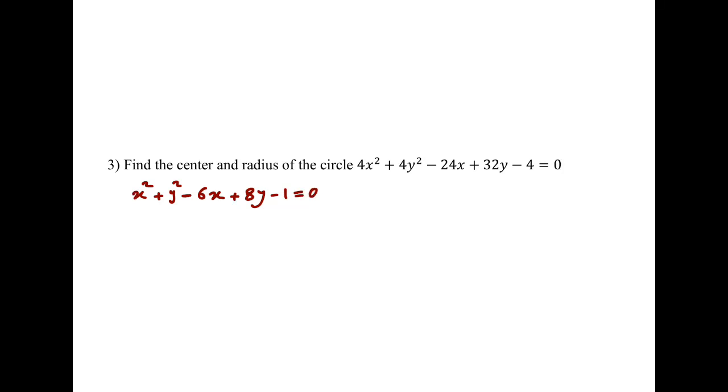So now here coefficients are much more simpler than the previous one. Okay, now I will just write the x terms next to each other and y terms next to each other. So I will get from this one x squared minus 6x plus y squared plus 8y minus 1 equals 0.